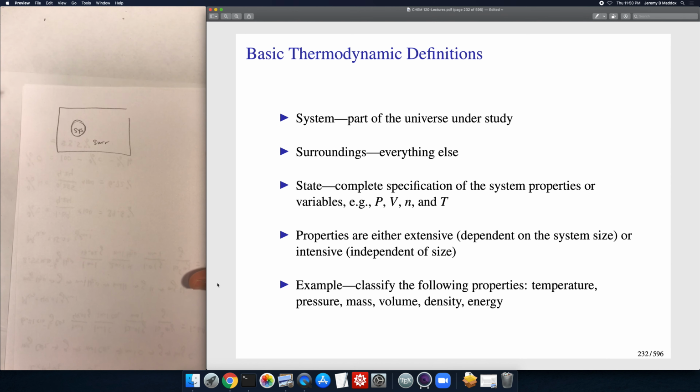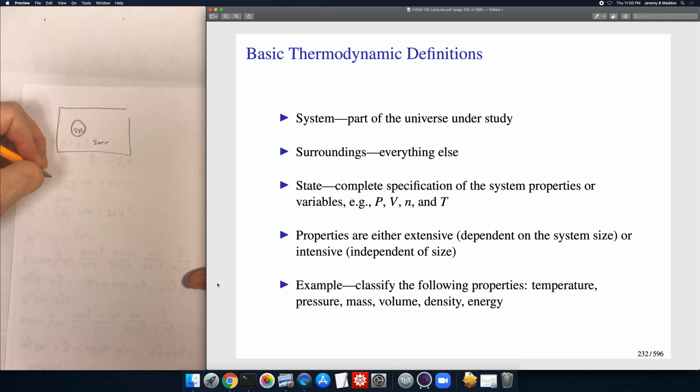The way that you determine whether a variable is intensive or extensive is you imagine taking your system and doubling its size. You make an exact copy of the system, and then you bring those two systems together to form a double-sized system. Then you ask yourself, does the quantity that I'm thinking about change?